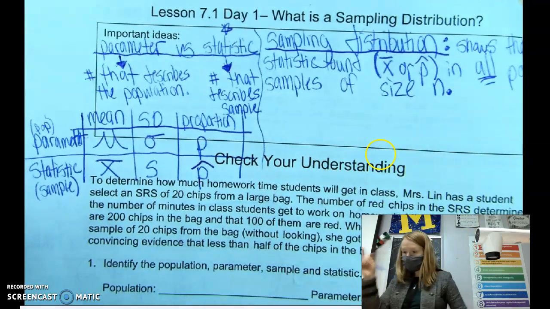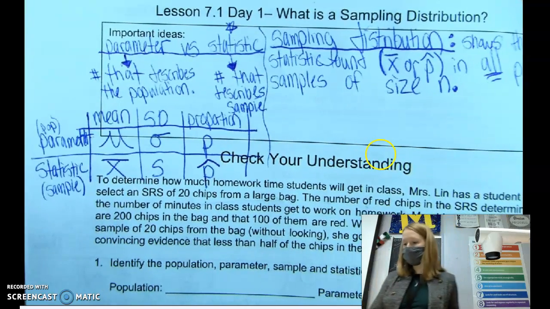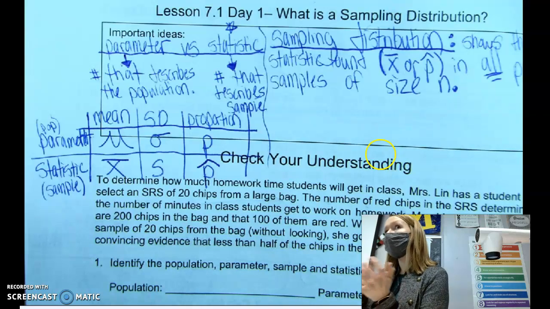So our distribution was a sampling distribution because we had all of the possible samples, right?